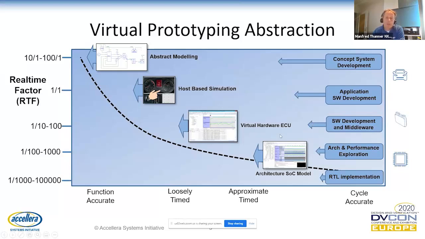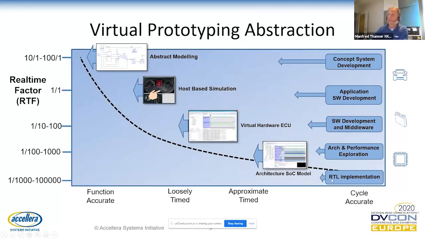The next level we're looking at is the virtual hardware from an SoC level, as well as from the ECU level. So we're looking here today primarily along these three angles. The items which we're not necessarily looking at is the RTL implementation from a speed perspective and also from an accuracy point of view.